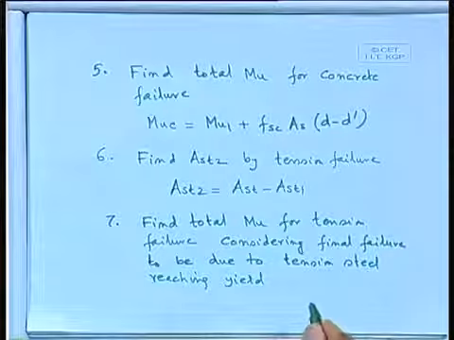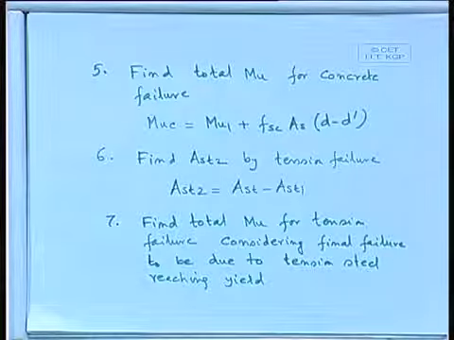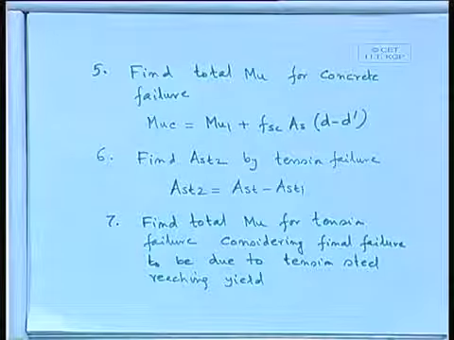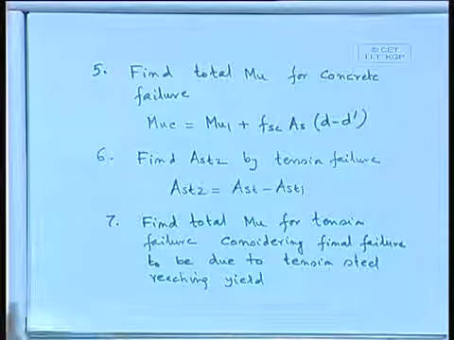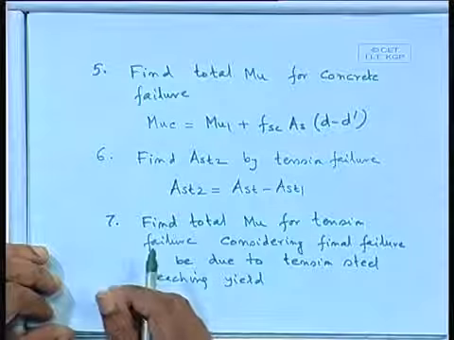We are taking this case, we have already done the concrete side, concrete failure. Now we are talking about the other side, the tension failure. Here we are assuming that we shall reach the yield stress of steel, that is 0.87 Fy. Then what can we write down?